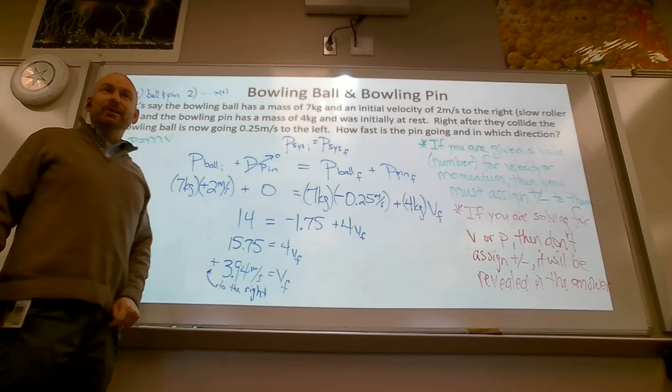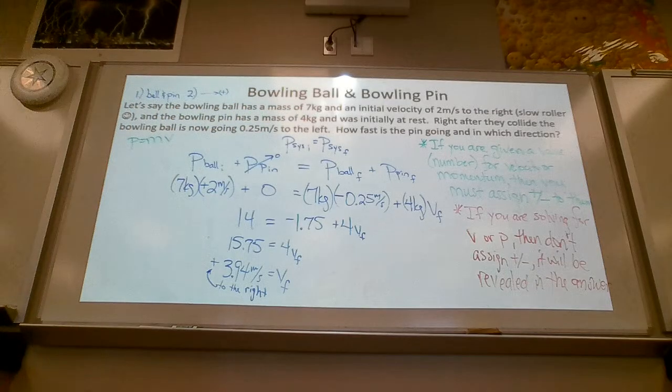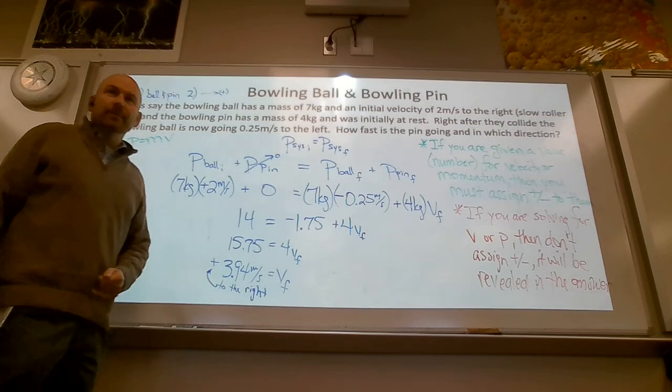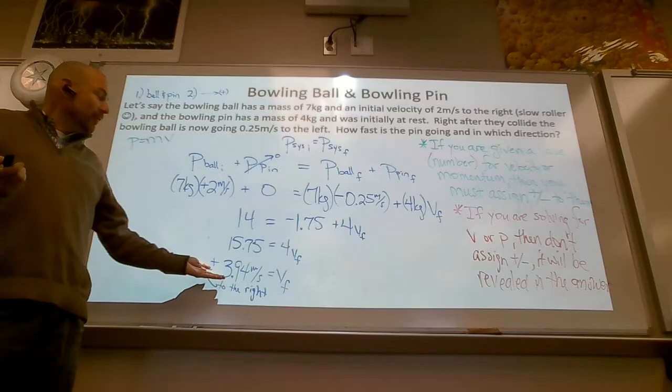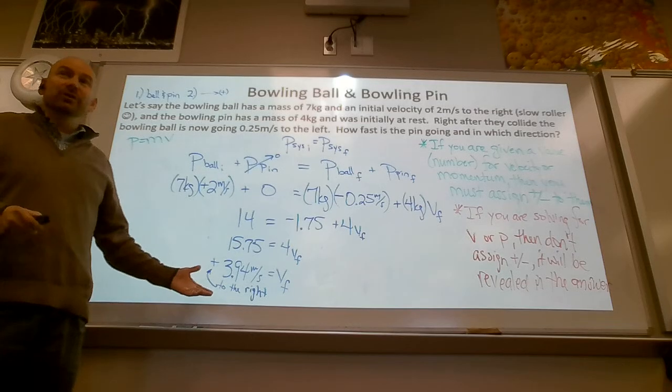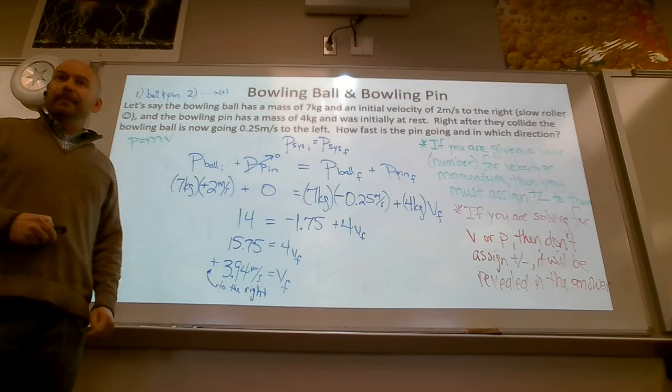Velocity is not conserved. Momentum is conserved. You ended up with more velocity than what you started with, but that's okay because that's not what's conserved. Don't let that derail you. It's true there's more velocity than what we started with, but not more momentum.